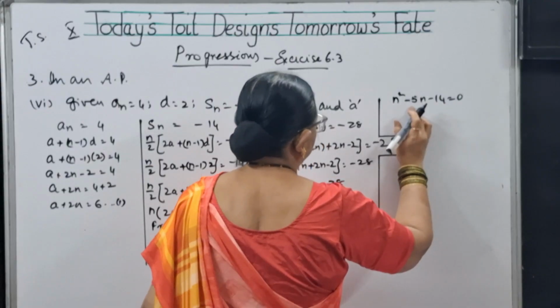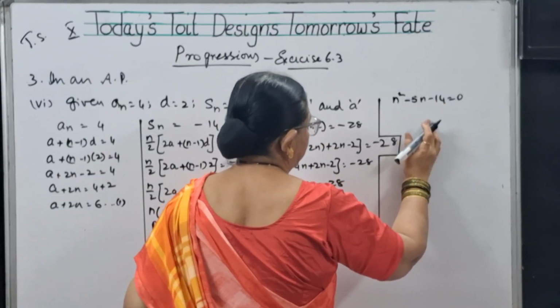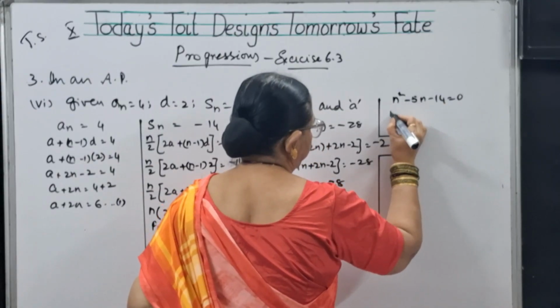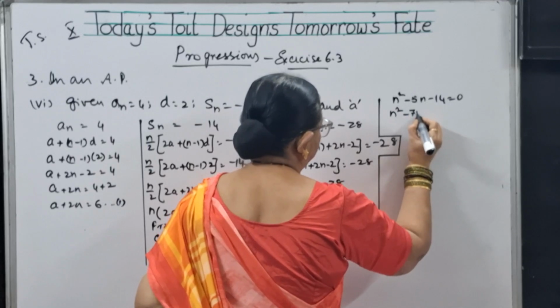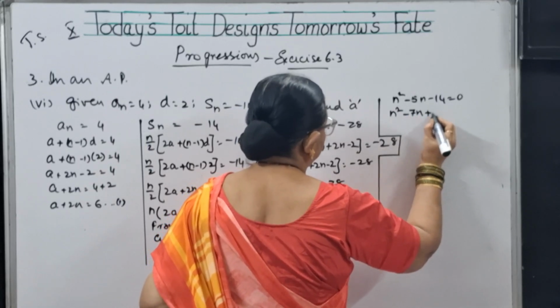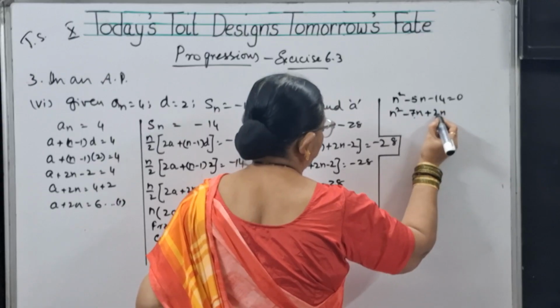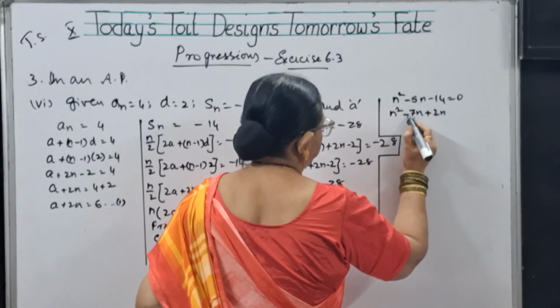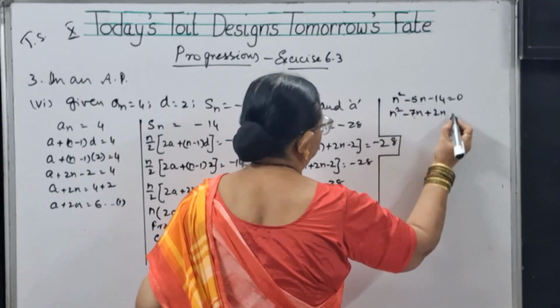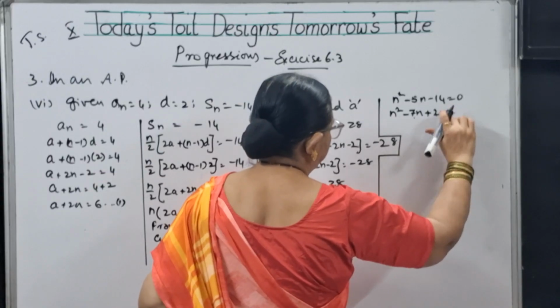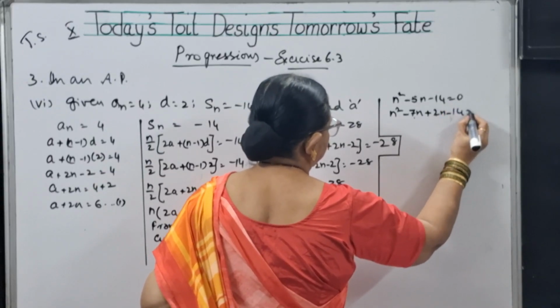So 14 means 7 twos are 14. I can take 7 minus 2 is 5. So n square minus 7n plus 2n, so that plus into minus is minus, 7 twos are 14, and minus 7n plus 2n is minus 5n, minus 14 is equal to 0.